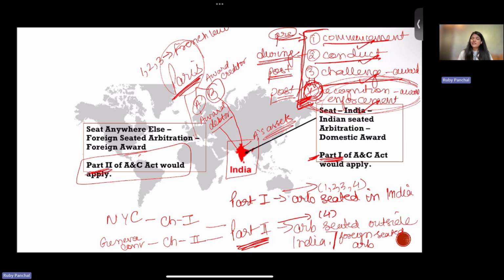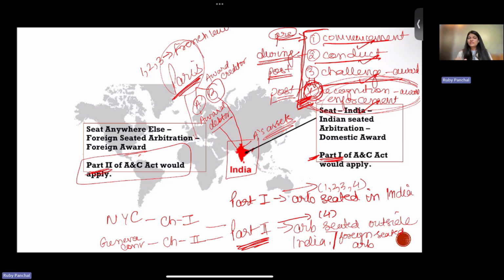B will file an application under Part 2 of the A&C Act to enforce that arbitral award that Mr. B got in Paris, because now Mr. A's assets are in India. So he's bringing the award here, enforcing it here and realizing his claims against A's assets in India, right?